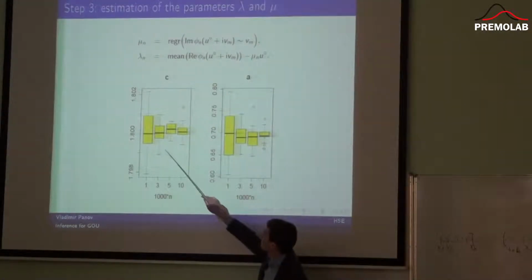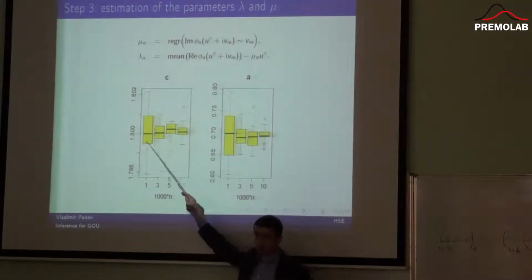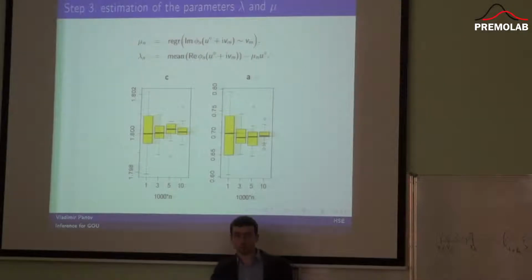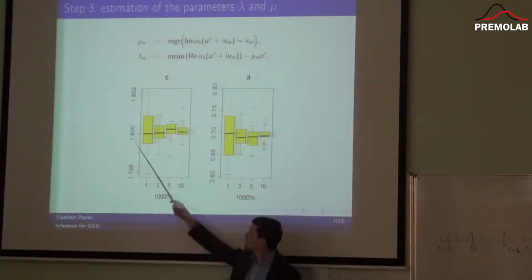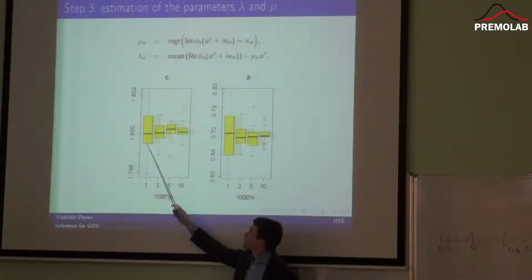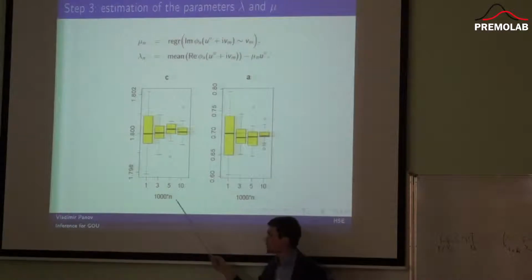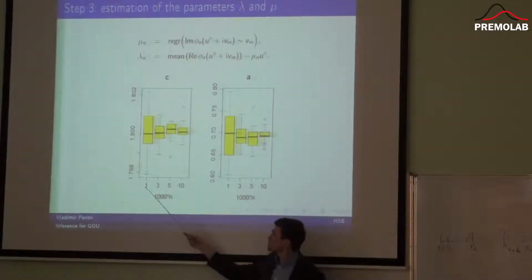On the left picture, we illustrate how well we estimate the parameter mu. The true value is 1.8. And this picture shows us how well our methodology works if we change the number of observations: 1,000, 3,000, 5,000, 10,000.